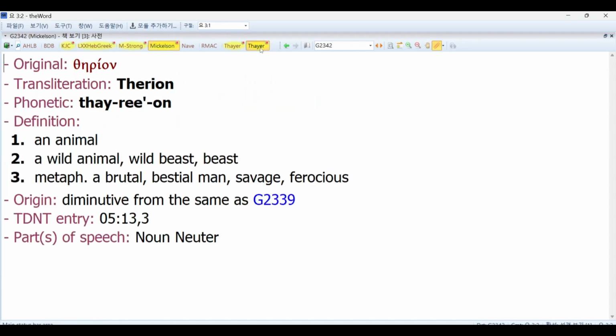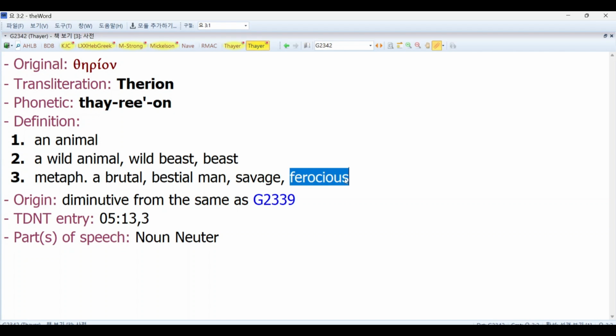When you go to the Thayer dictionary, an animal, wild beast, beast. Metaphor is the brutal, bestial man, savage, ferocious. So this one is translated as the beast in the New Testament Bible.